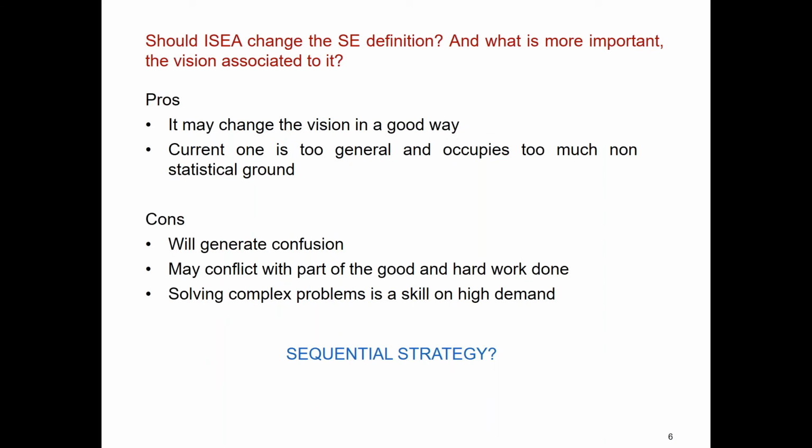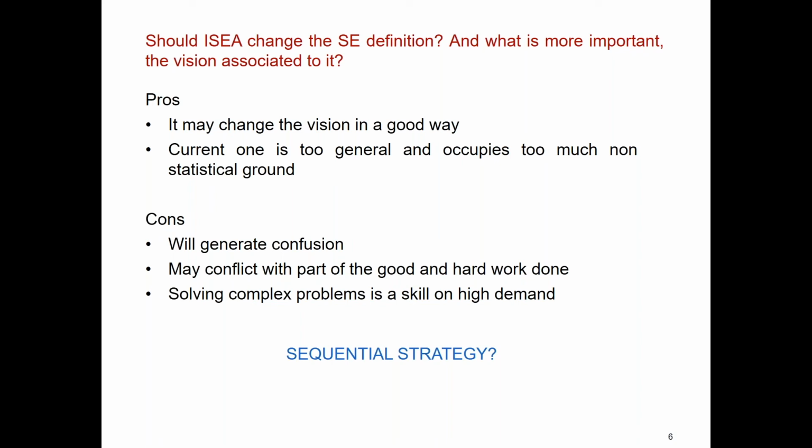But if we change the definition, that means that we will also have to change the vision associated with it. In my thinking, this is good. We will change the vision in a good way, concentrating on our field, which is important enough, and not trying to occupy too much non-statistical ground.